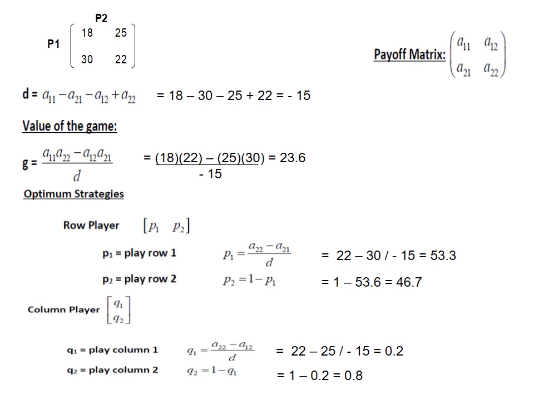For the column player, the strategy Q1 and Q2: Q1 equals A22 minus A12 over D, equal 22 minus 25 over minus 15, equal 0.2. 1 minus 0.2 equals 0.8.